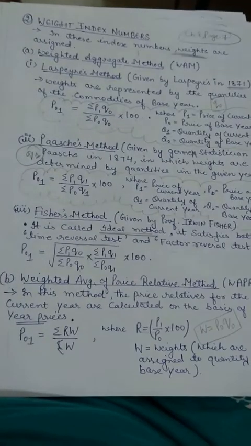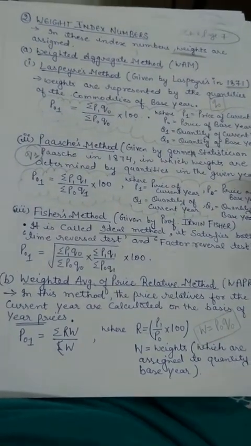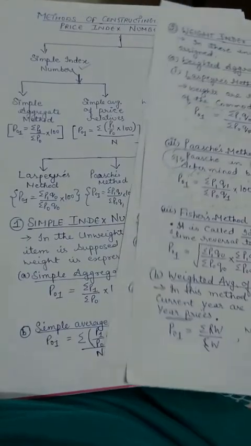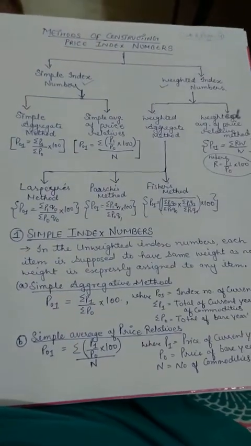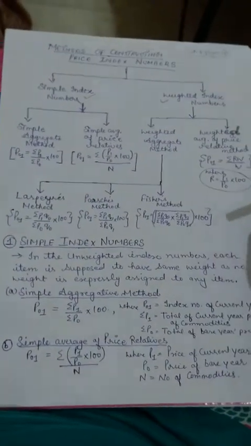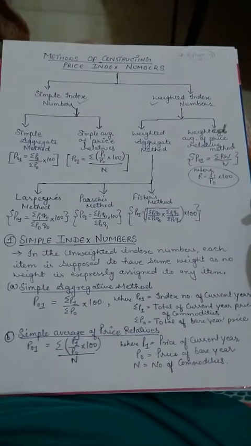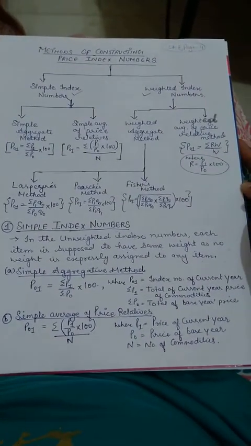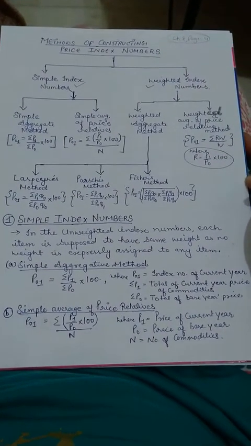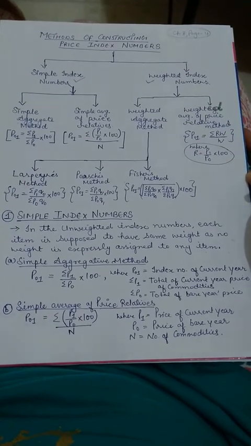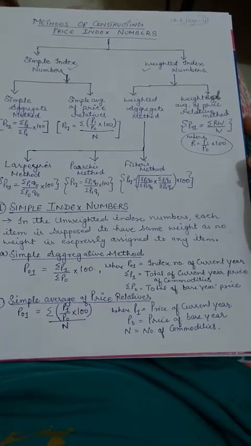Now let me also introduce once again the topics covered today. So this was your first page. You can take a screenshot if you have any problems or queries. This will be helpful for you.